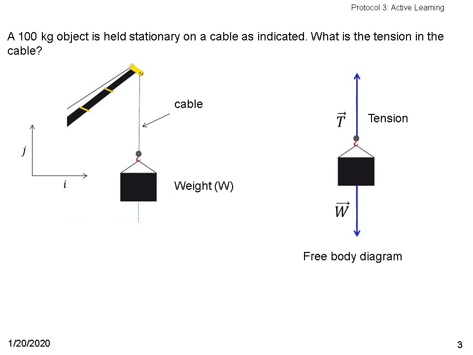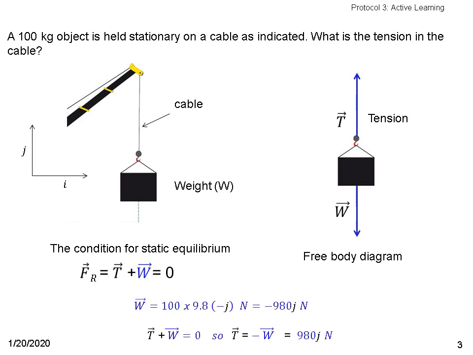The condition for static equilibrium is that the net force Fr equals vector T plus vector W, equal to 0, where T is the tension and W is the weight. We know that the weight vector is 980 Newton acting in the minus J direction. Therefore, the tension T is 980 Newton acting in the positive J direction.